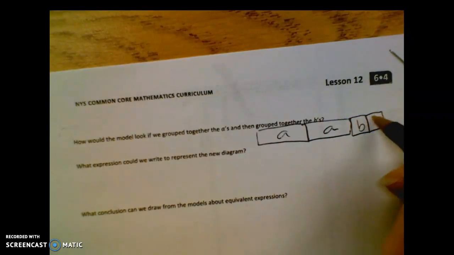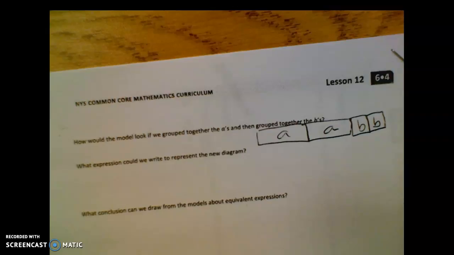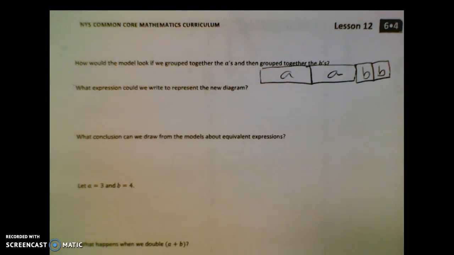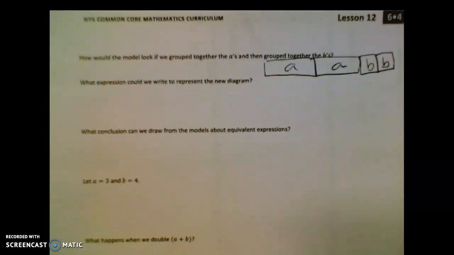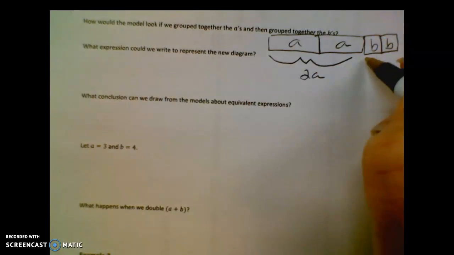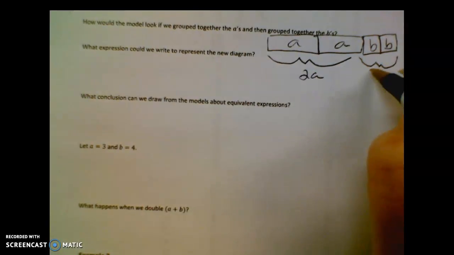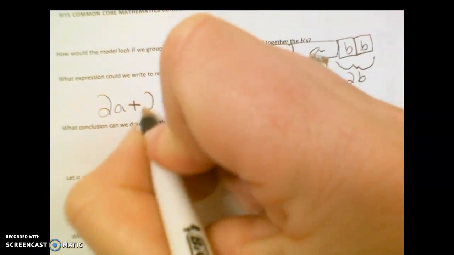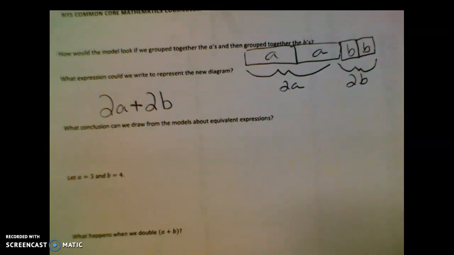Here's my b's. So what expression could we write to represent this new diagram? Well, if I have 2 a's here and 2 groups of b here, this could look like 2a plus 2b.